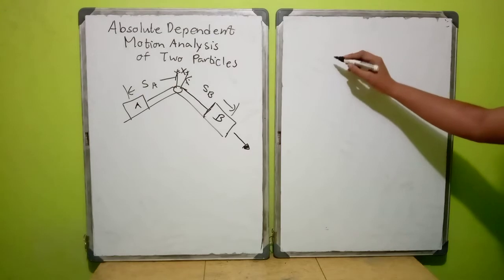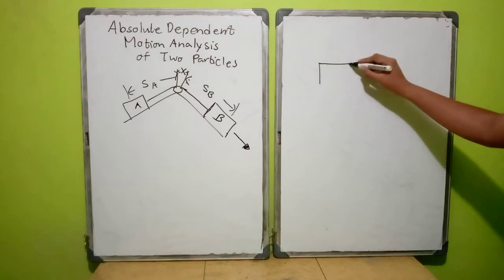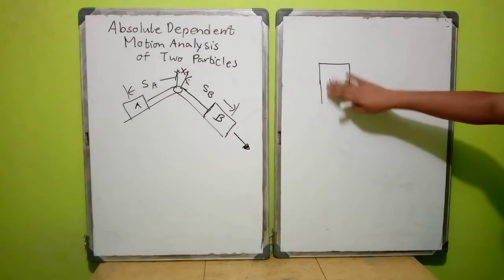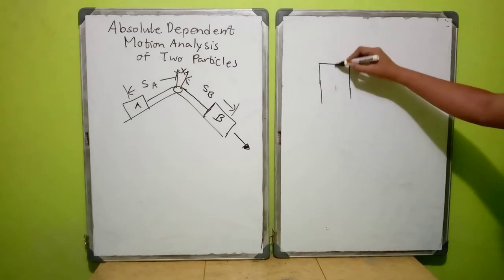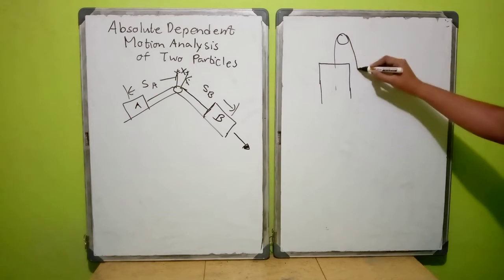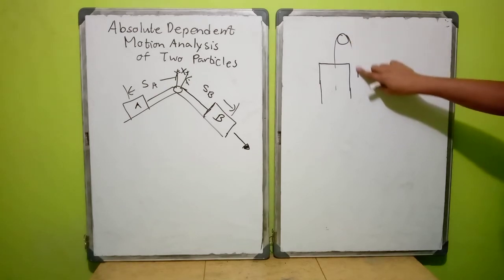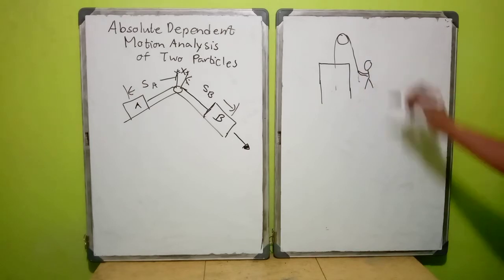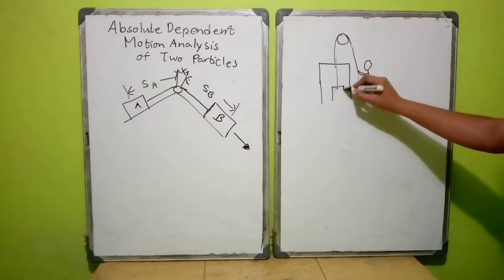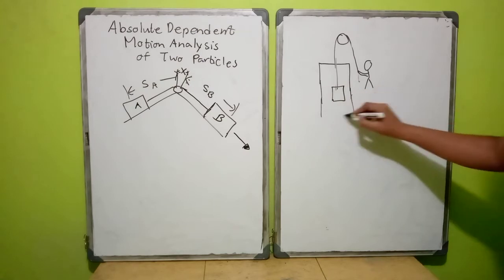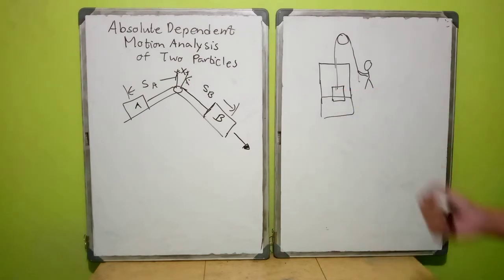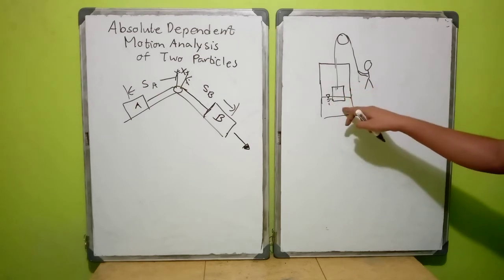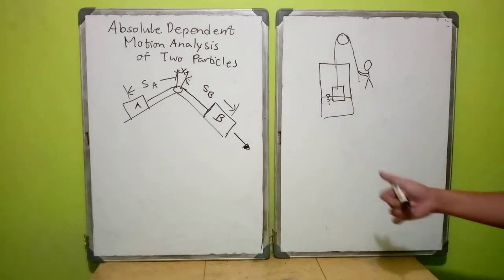Let us say you have a well connected to a pulley, and you are trying to pull out some water. There is a pail inside that well.